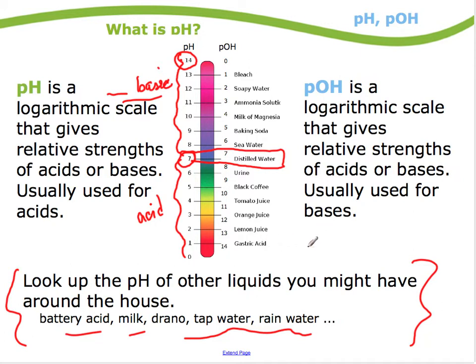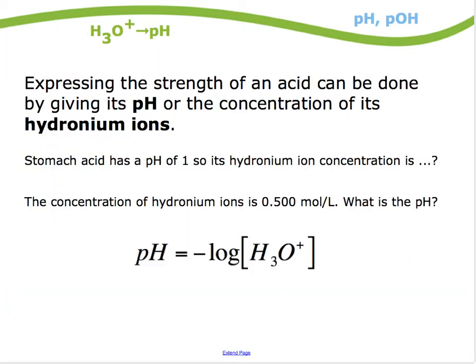Look them up online, see what their pH is, and see how they relate to some of these other ones that we've given here. Okay, so one thing that we need to do is we need to be able to convert between a concentration, because we've done concentrations before, right? 0.01 molar, for example. We need to be able to convert between a concentration like this and a pH. So there's a handy-dandy formula that helps us do that.